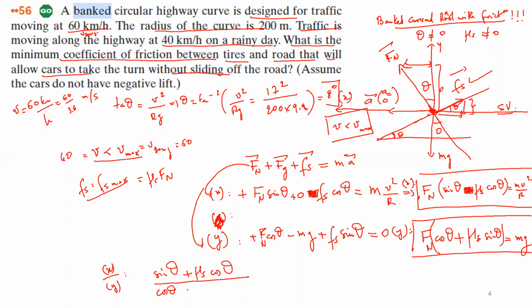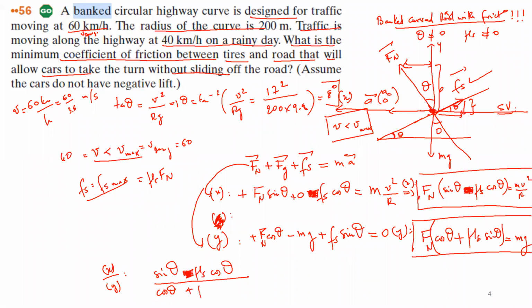This is a minus because this is x. So this Fsx is negative. Okay, so this is a minus here. This component of the frictional force is negative along x.